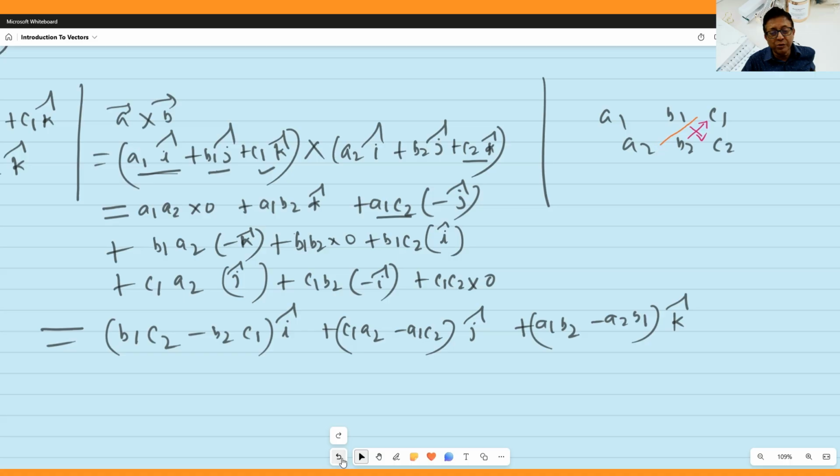Instead, if I do one thing, I'm keeping a minus sign outside. Next step, I'm doing it.